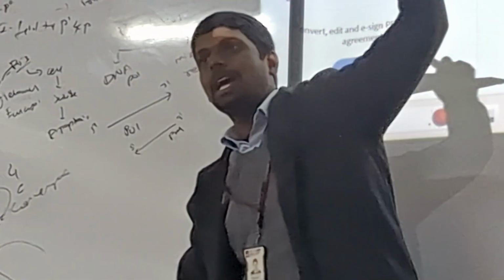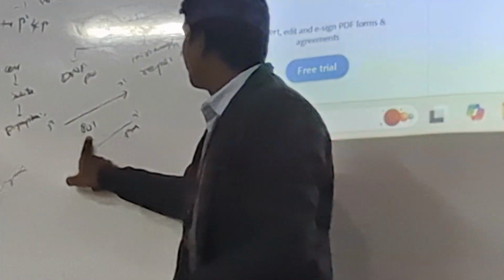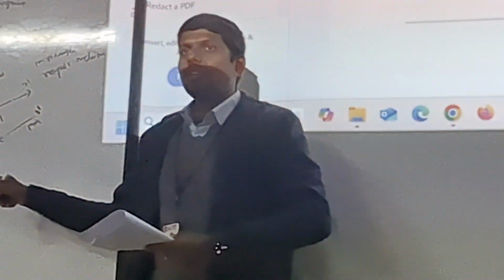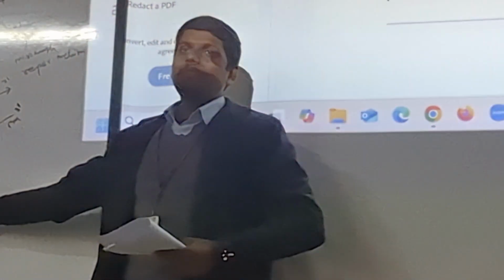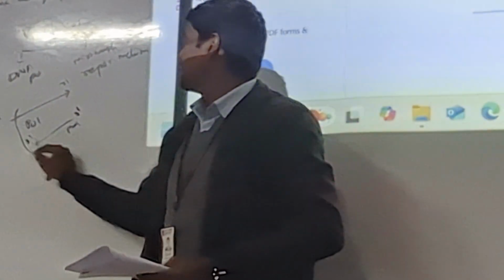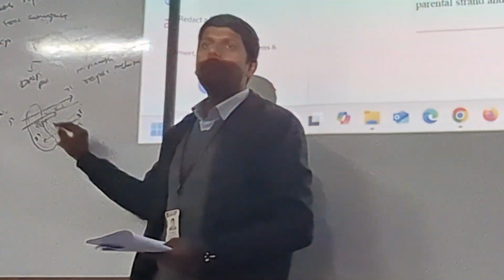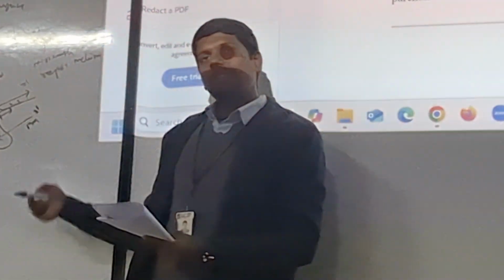That means here it is synthesizing and here it is also proofreading whether the bottom is properly aligned or not. When it is moving like this, here it is elongating the new strand and here it is checking the complementary base pairs.